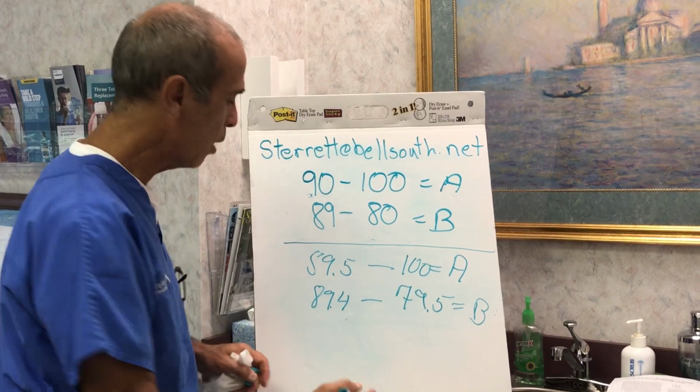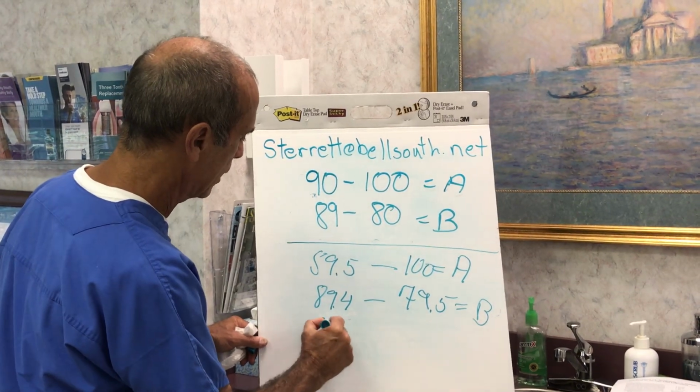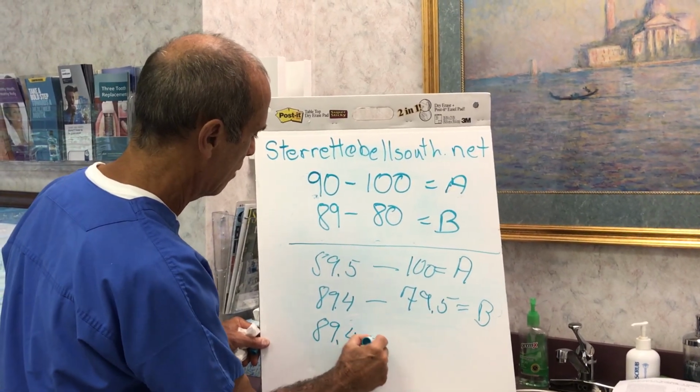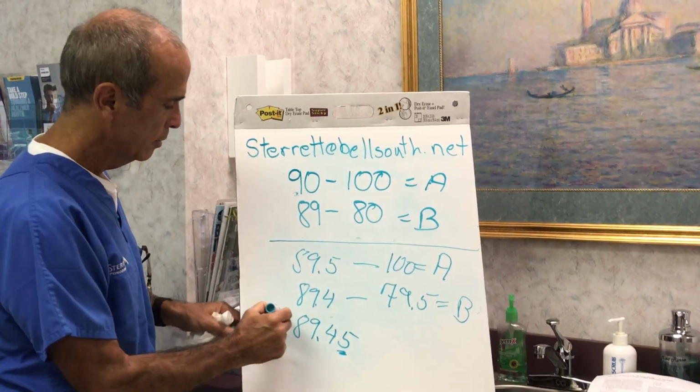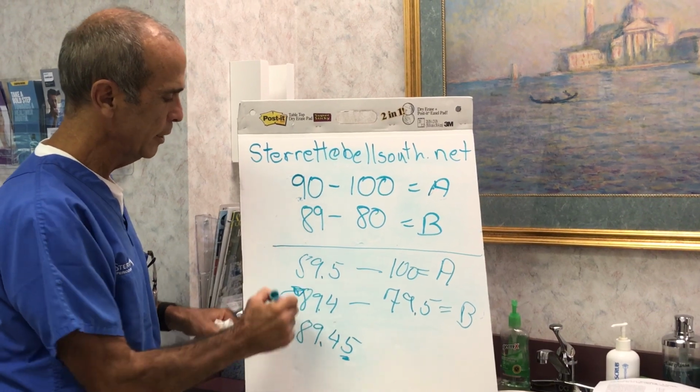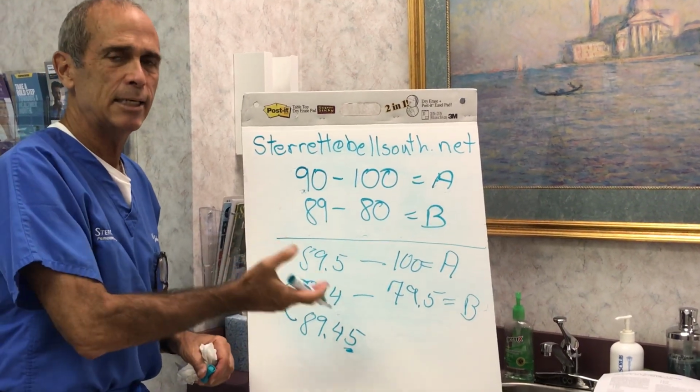There's a repetition of the problem. 89.45 and anything else in the hundredths is not on this grading scale. So this number is not in the grading scale.